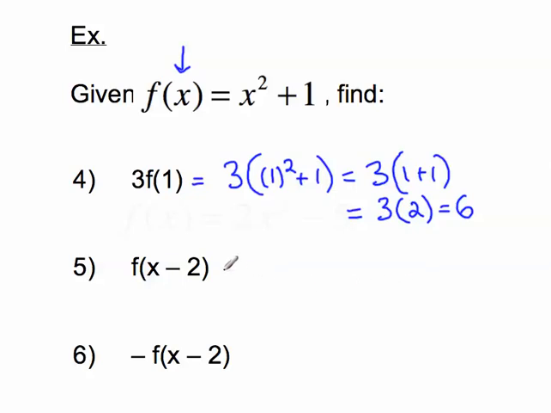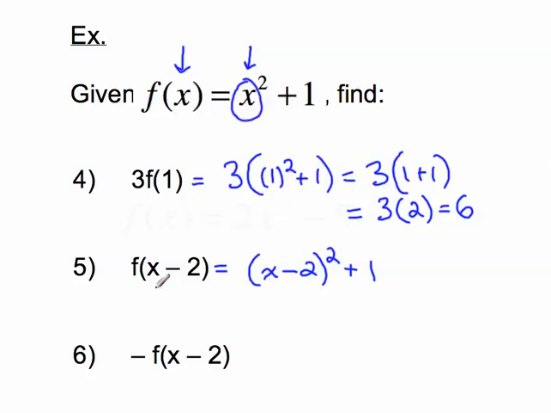In the next one, now we've replaced x with x minus 2. So everywhere on the left we had an x, which was only one place, we replace it with an x minus 2. That means we have to do the same thing on the right-hand side. So whereas we had x squared plus 1 before, now we have to replace the x, not the x squared.